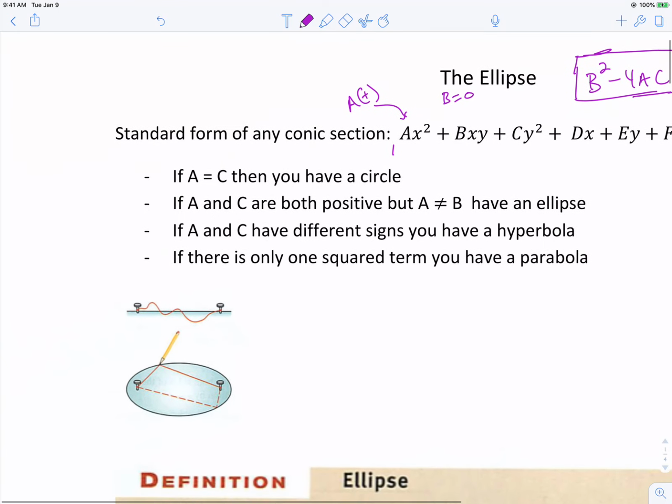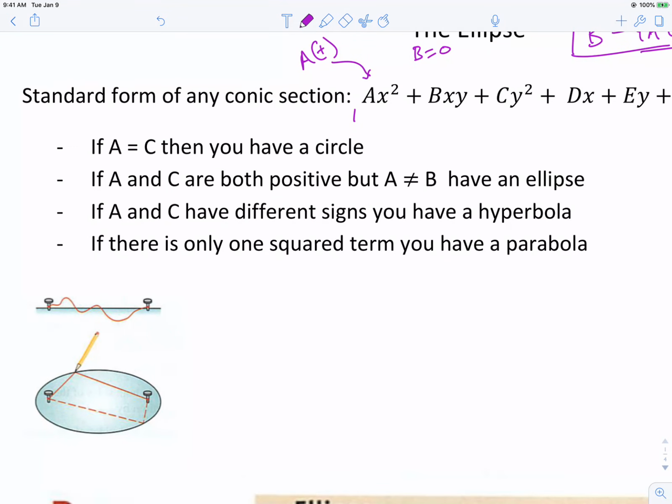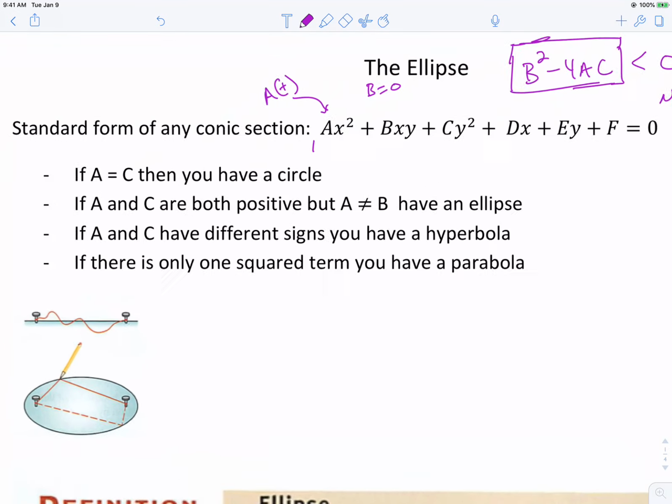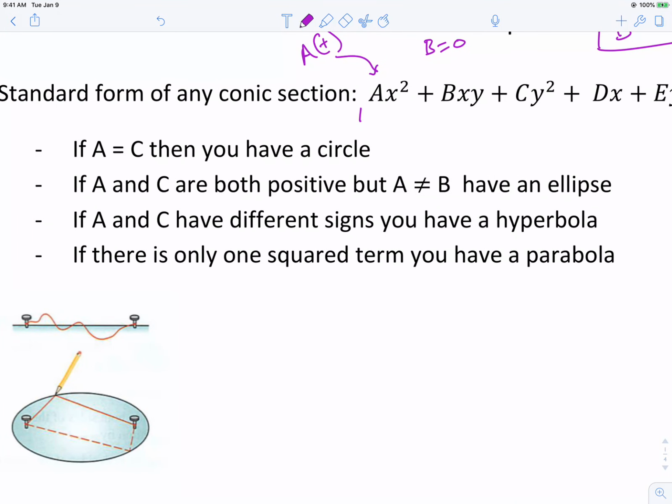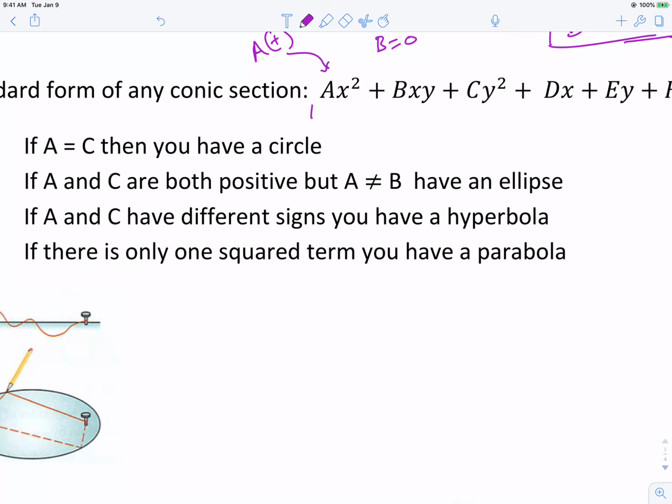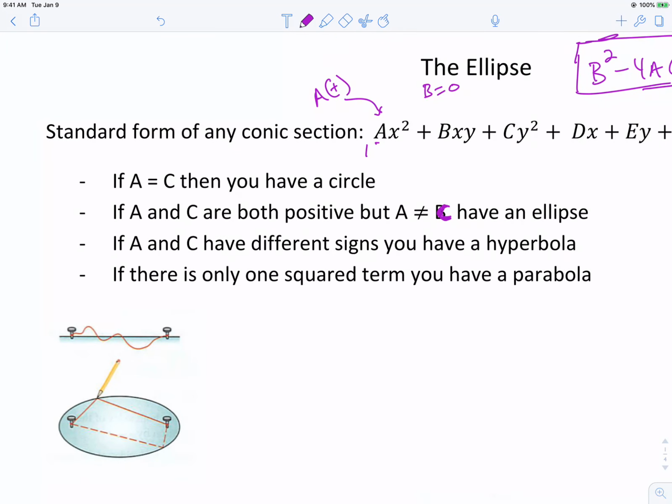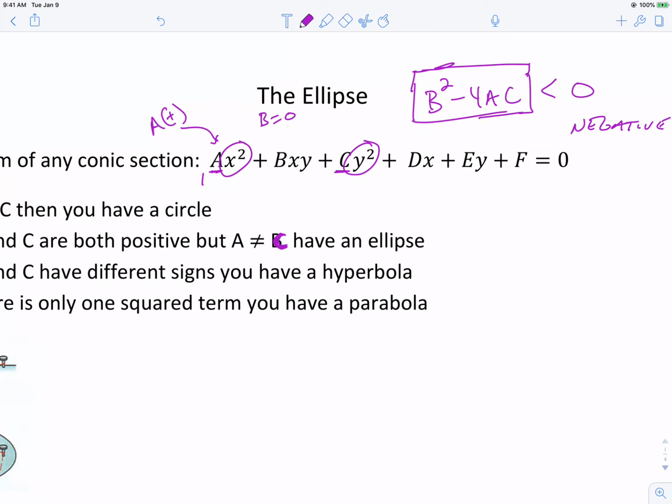Okay? But we could find the discriminant and think of it that way, but here's another way to tell if there's an ellipse. This should be a C, by the way, here. If A and C are both positive, so we're looking at the x squared term and the y squared term, they're the only terms that are squared, right?